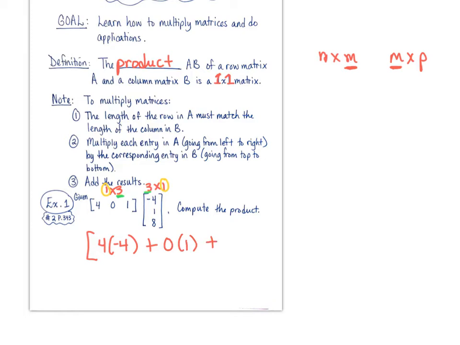And then we're going to add to that, guess what? 1 times 8. You got it. And so we have negative 16 plus 0 plus 8, which gives us what? Negative 8. So we have the 1 by 1 matrix, negative 8.